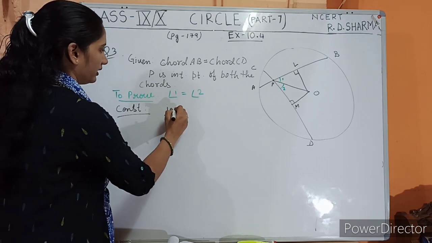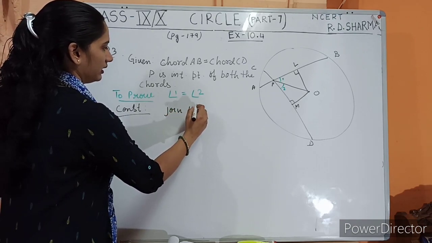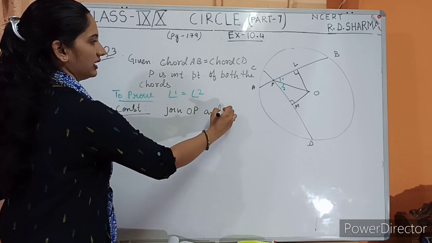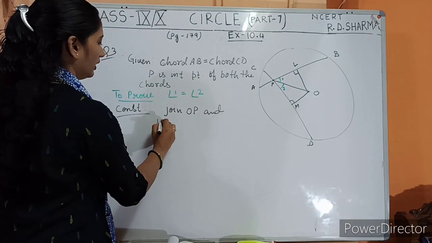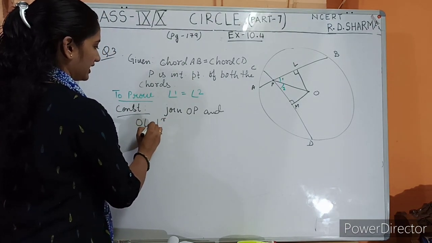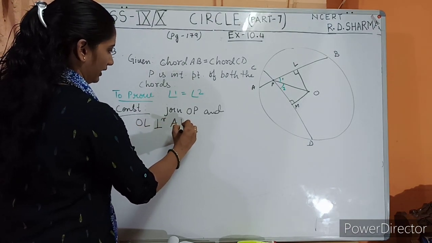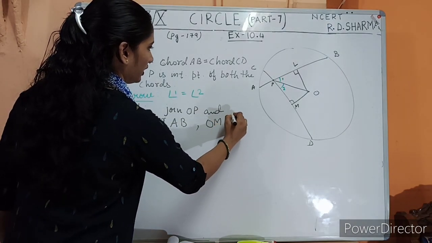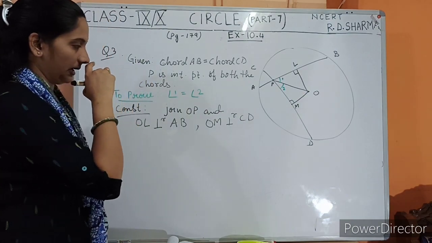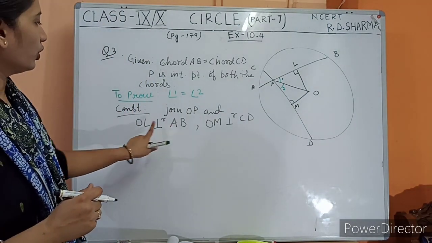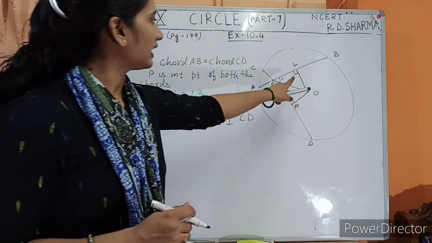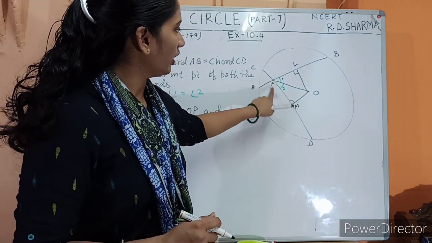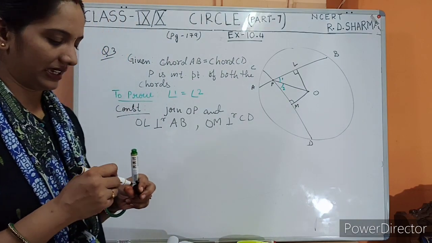Here join OP and draw perpendicular OL to the chord AB as well as OM perpendicular to the chord CD. So if OL is perpendicular to AB, then this angle must be 90 degree, as well as if OM is perpendicular on CD, then this angle must be 90 degree.